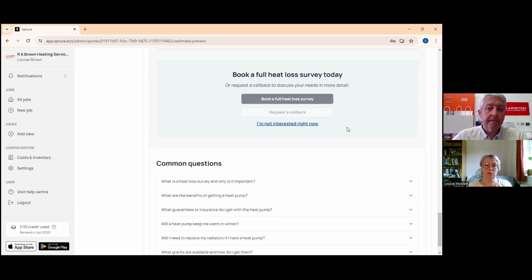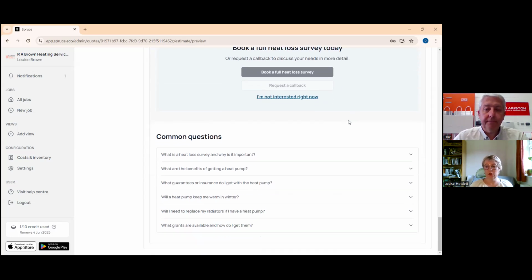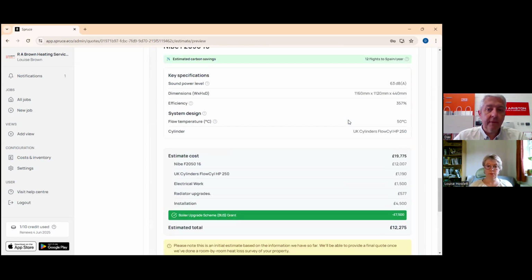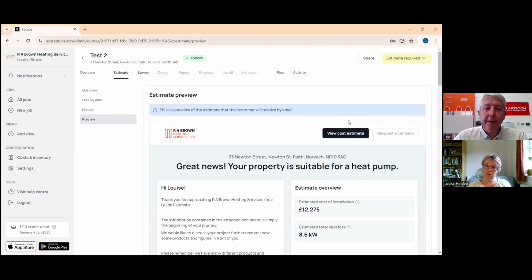We also check the accuracy of the EPC. It's just a lot more detail than the EPC. Of course, if the EPC doesn't show things like an extension that you haven't built yet, then we would require copies of plans and more information which we can work from, if you're making changes or additions to the property, such as garage conversions and extensions.